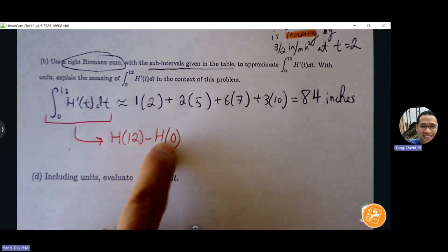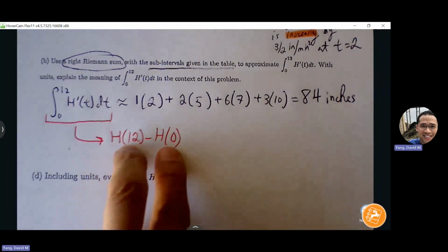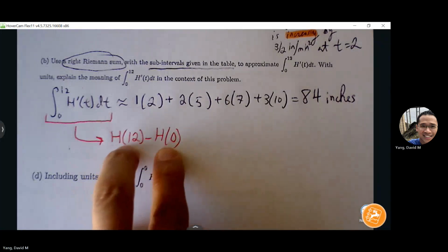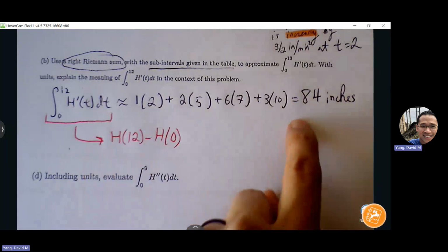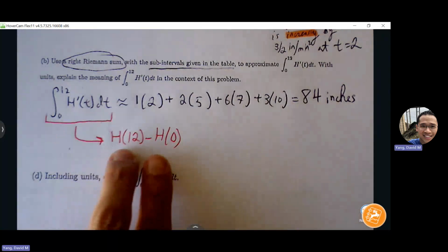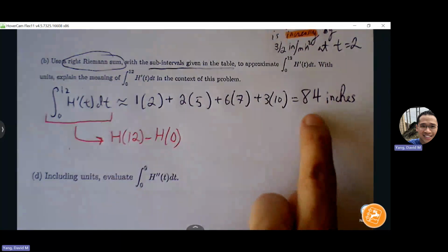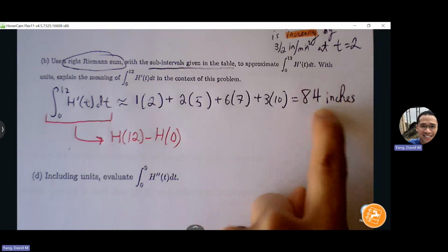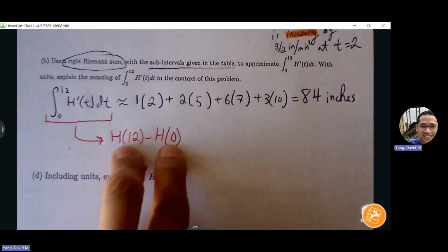Okay. I want to talk about what this means. Well, first off, if you know that this is what you're dealing with, then you're not going to make a mistake of saying this is inches per minute, right? Because you know h is height in terms of inches, not inches per minute. Second, we want to be able to phrase this in the proper form, right? What does this mean? Let's talk about what each of these mean.